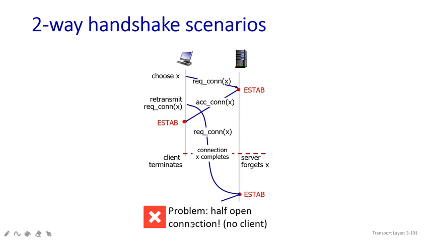It is only one-sided. The server side wants to connect with the client, but the client side doesn't want to connect through your server. So in this case it will have a problem. It is known as your half-open connection, where there is no client. The same thing can happen for the server side also.